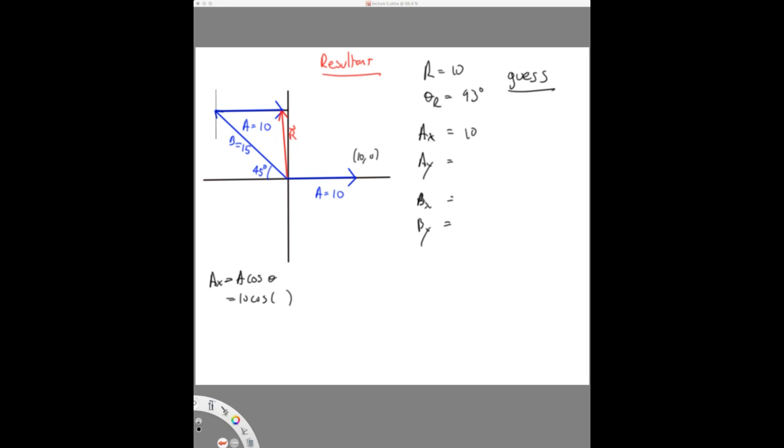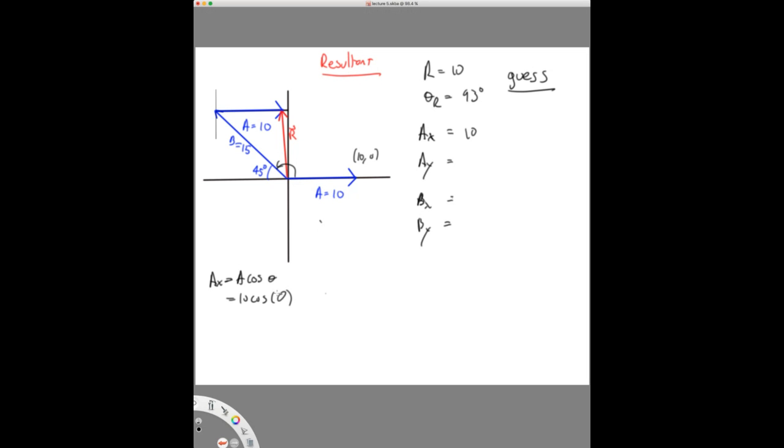Sam? 135. You're guessing for B, and for B I would agree with you. So this is 135, but I'm talking only for A here. Yeah, it's 0.